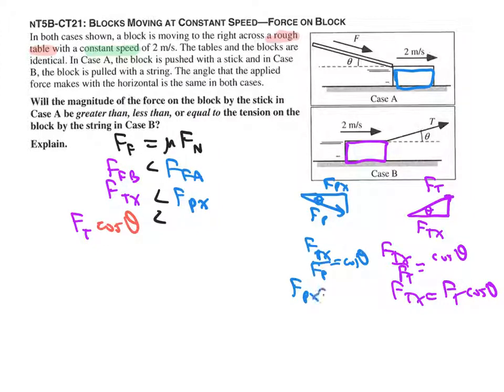So FPX is FP cos theta. And we don't know much about cos theta, but it certainly isn't 0 in this case. So we can divide it out, and we're left with that the tension force is less than the pushing force.